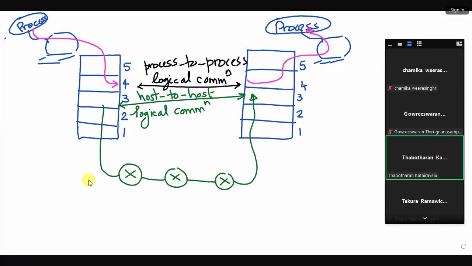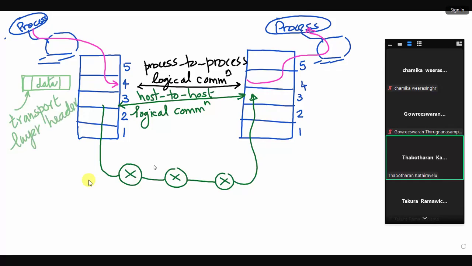And we also saw that at the transport layer, we will have segments. Segments will have a portion of data from the application process, and they will have their transport layer headers.